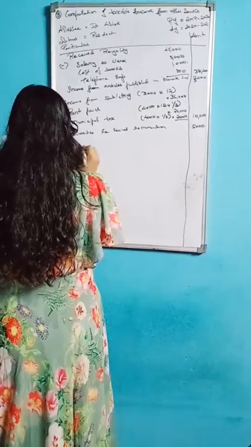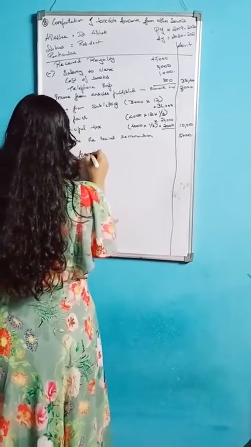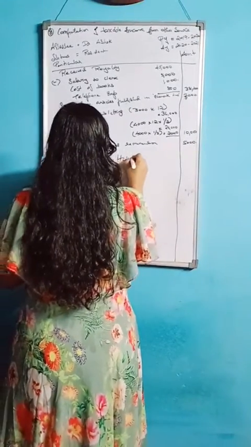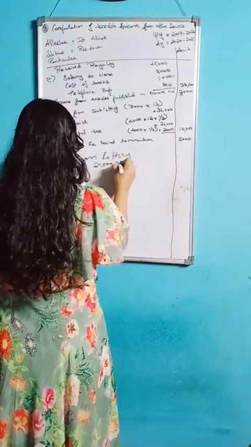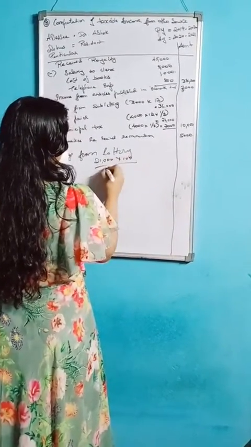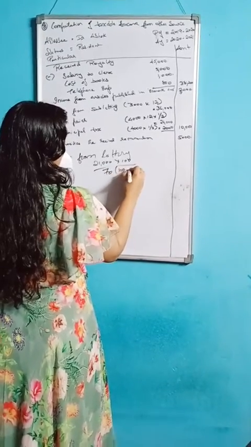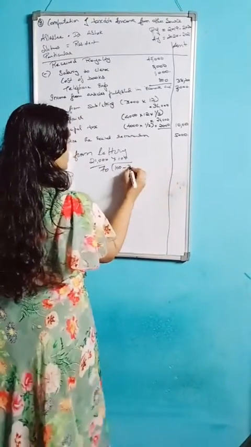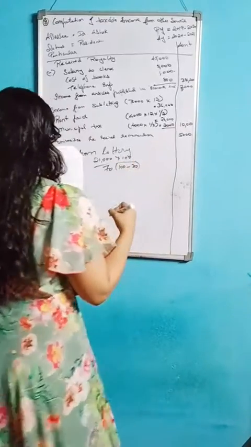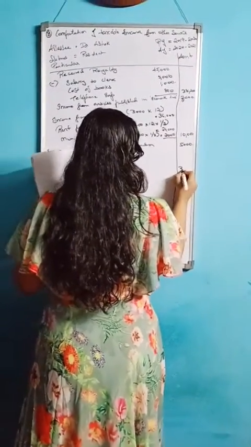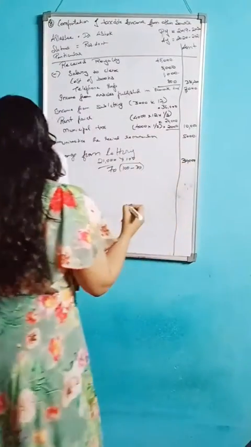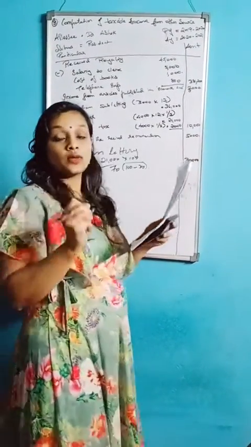Winning from lottery. The question says 21,000. Okay. Into 100 by 70, because casual income percentage is 30, so you will get 70. How much will you get? Answer, you will get 30,000.